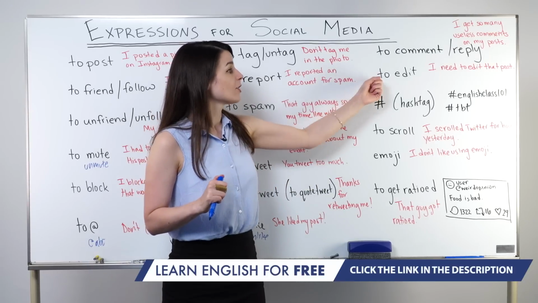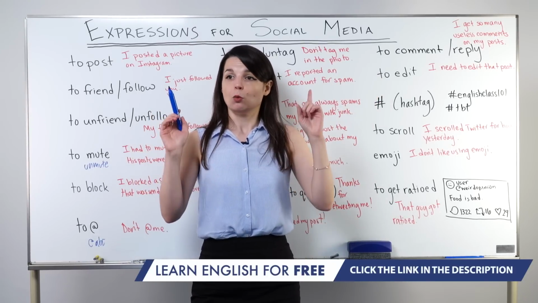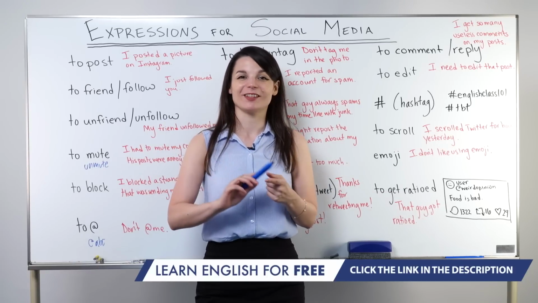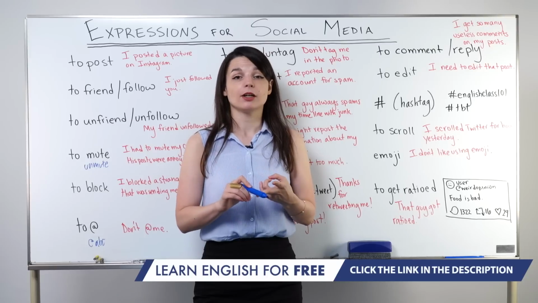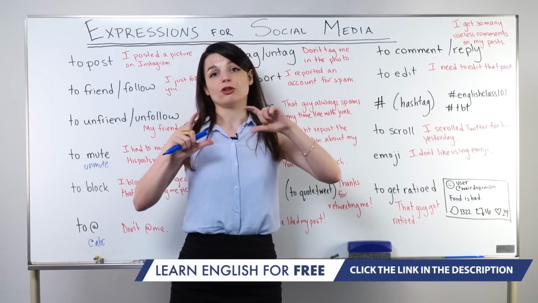Okay, the next verb is to edit. To edit something means to change something. We do not have an edit feature on Twitter at the time of making this video anyway, but we do have an edit feature on Instagram and on Facebook. So to edit means to make a change to your post.